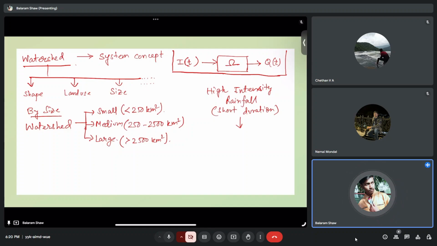As you go smaller and smaller, the hydrology becomes more complex. If you consider a small catchment and high intensity rainfall is happening for a short duration, a flood-like situation can arise, right? So in that case, the smaller catchment is much more affected than the large catchment.